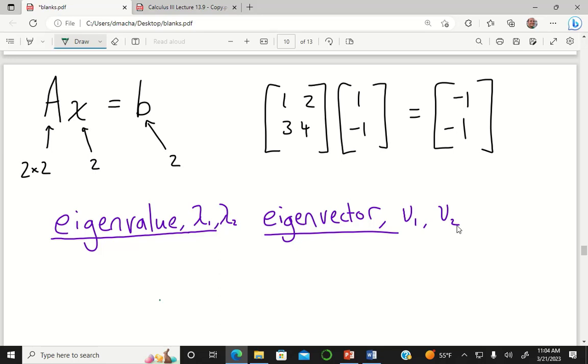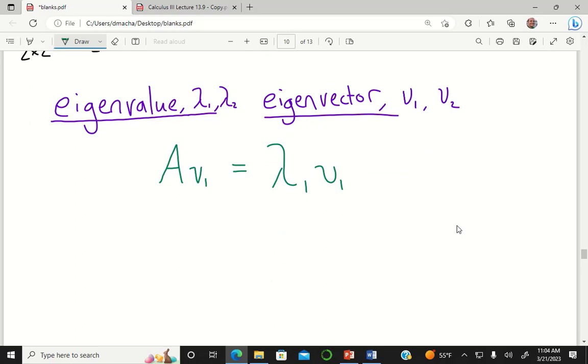If I have a matrix A, and I multiply A times an eigenvector, nu1, then this is the same thing as if I take my eigenvalue times the eigenvector, okay? Because this matrix vector multiplication is going to be a vector, right?